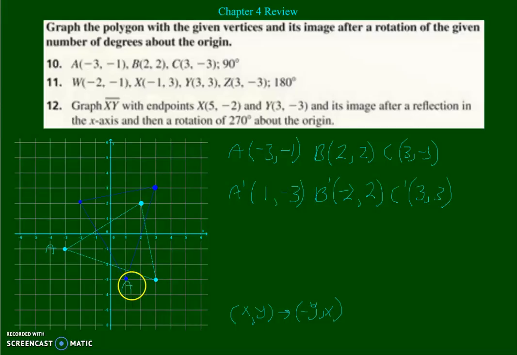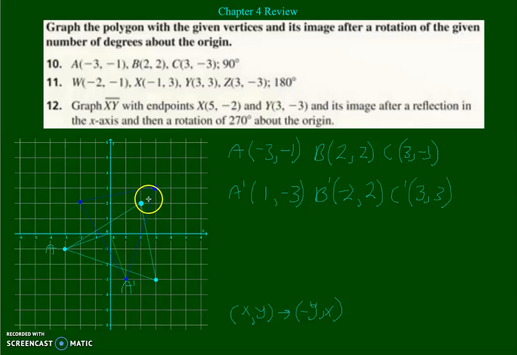Now if we want to see what's happened here, we draw a line from the original point through the center of rotation, and then from the center of rotation to the new point. And you can see we have an angle of 90 degrees in here. Same thing is true for the other points.